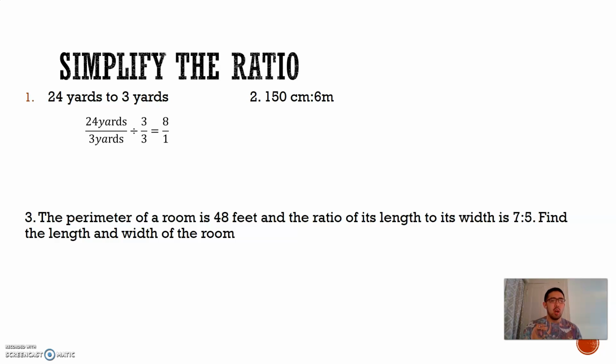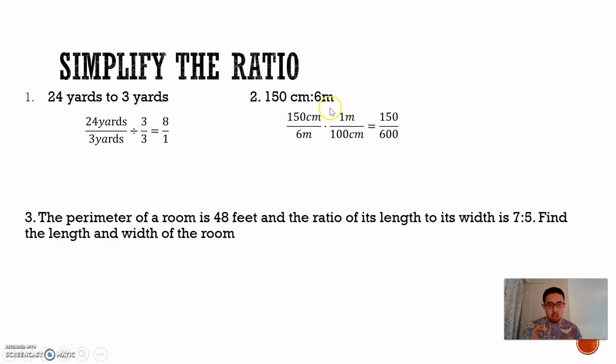Okay? So we have 23 yards to 3 yards, right? 23 yards to 3 yards. If you divide both the top and bottom by 3, you get 8 over 1. And over here you have 150 centimeters, right? The first thing you do is you need to convert the centimeters into meters, or you can convert the meters into centimeters, okay?